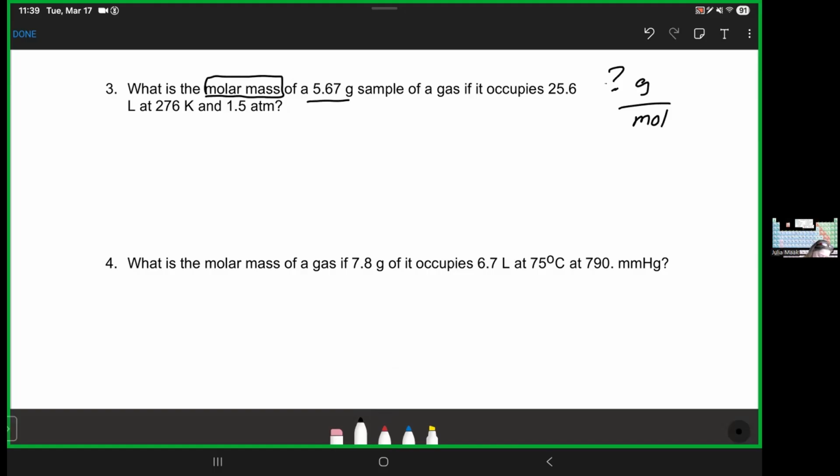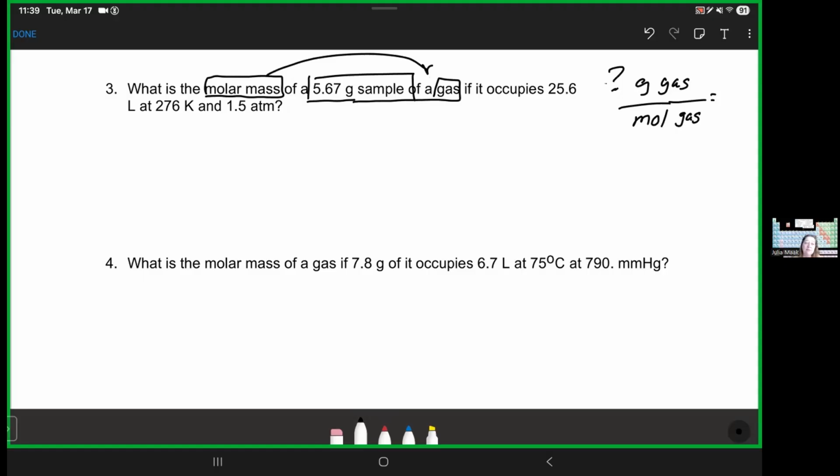So I've been given a mass of a sample of gas. So they want to know the molar mass of the gas. So we want to know grams of our gas over moles of our gas. Okay. And something to recognize is they just told us our grams of gas.